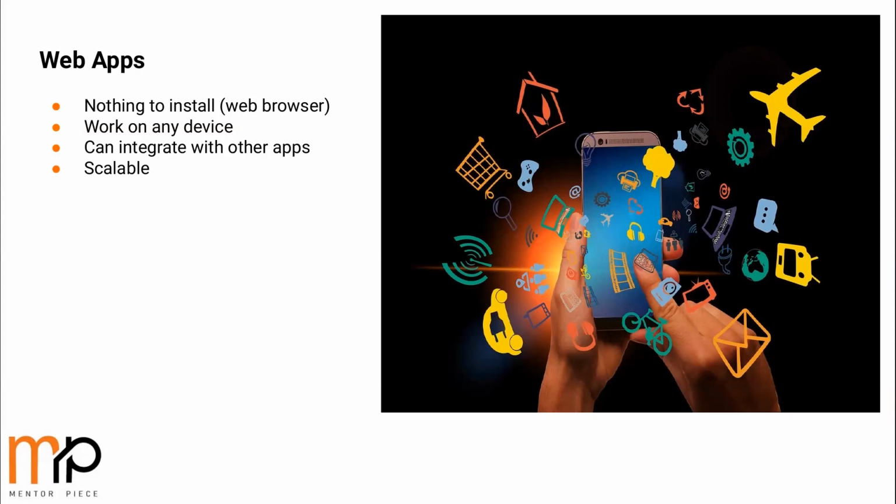The most common architecture for web applications today, the three-tier architecture, allows for a very scalable way of developing and deploying web applications. So it allows the application to grow when needed, to keep working even when many people are using the application.